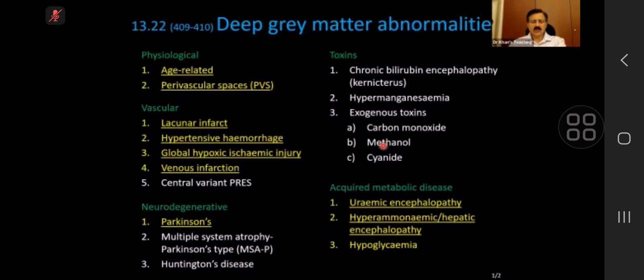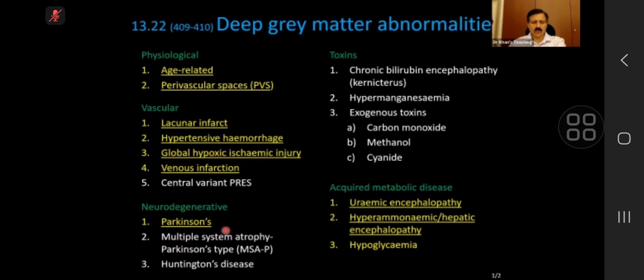Basically, basal ganglia are quite sensitive to ischemia, and that is why vascular insults. You remember the venous infarct? We already did it. That can, and global hypoxic ischemic injury. Things like near drowning, etc., can also cause this.